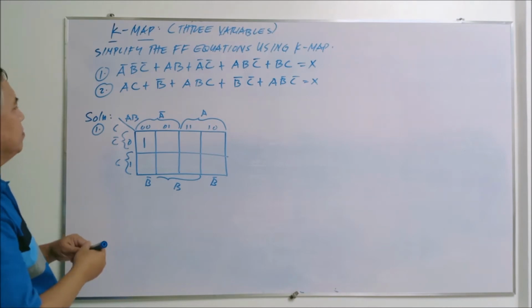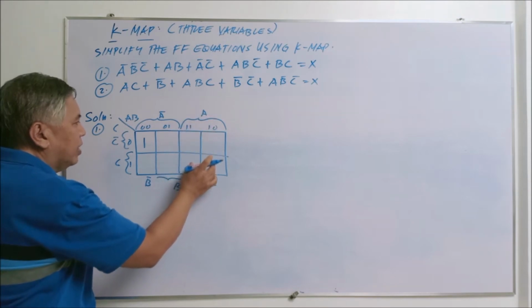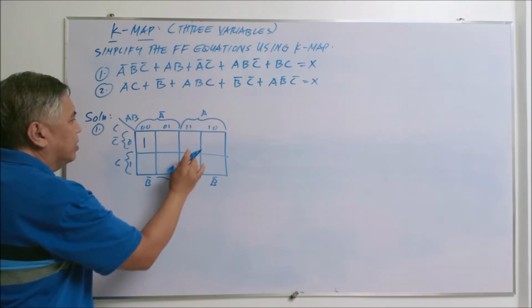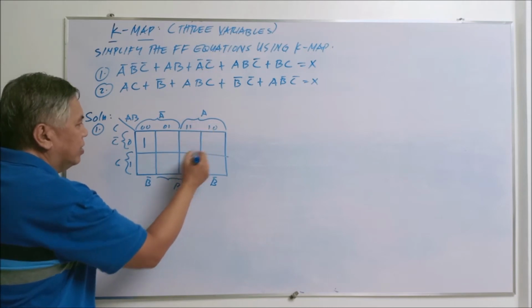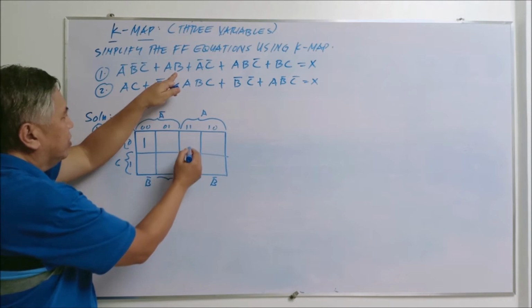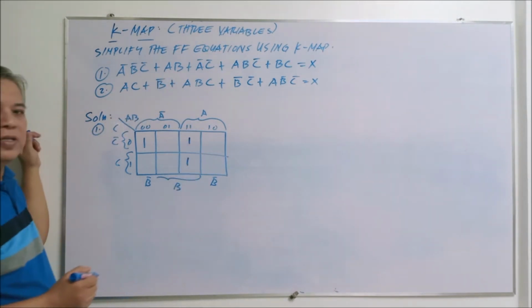So we have AB, that is in this particular area. A is here, and then B is this one. So A, these 4 cells, and then B is these 2 cells. So the intersection of AB will be these 2 adjacent cells.